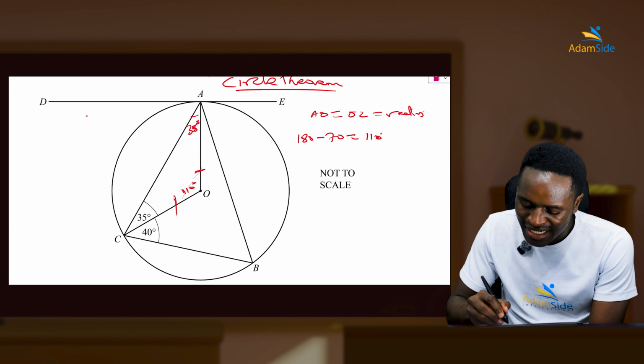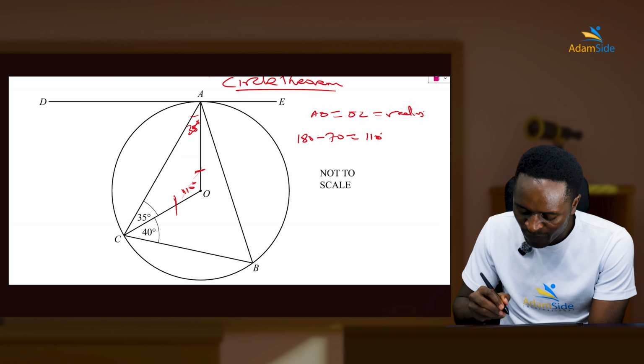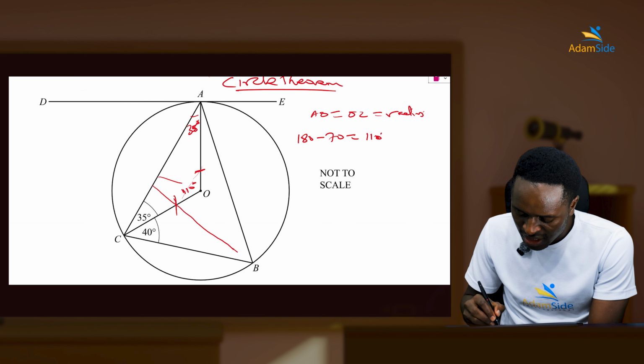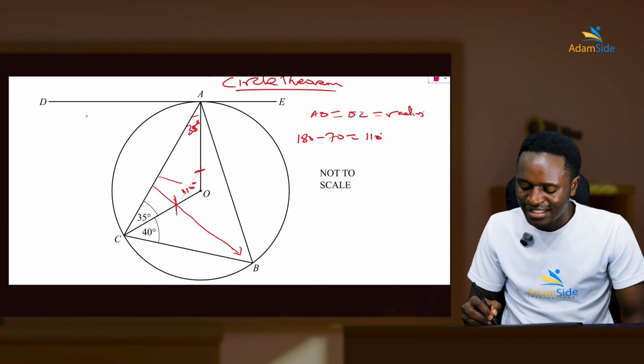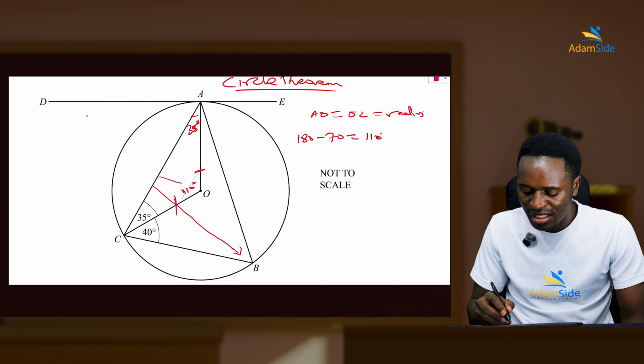An angle subtended by the same chord AC at the center is twice an angle subtended by the same chord at the circumference. So chord AC subtends angle AOC at the center, which is twice the angle subtended by the same chord AC at the circumference.